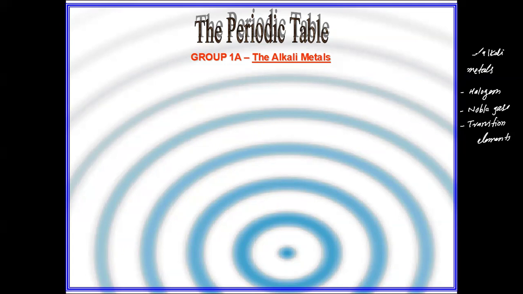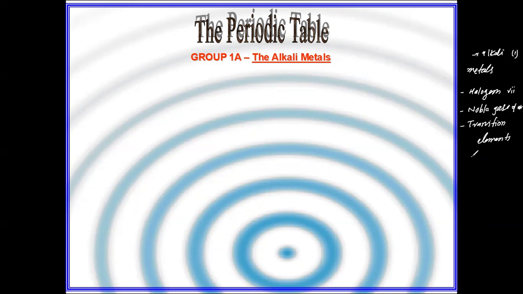Now this is group 1 basically, alkali metals. Halogens are group 7 elements. They are salt formers, that's why they are known as halogens. Noble gases belong to group 0 or group 8.